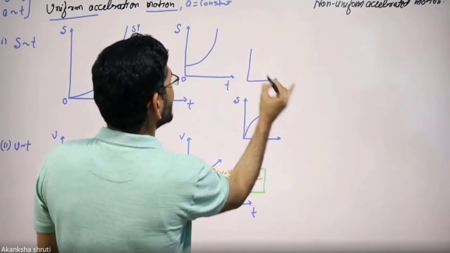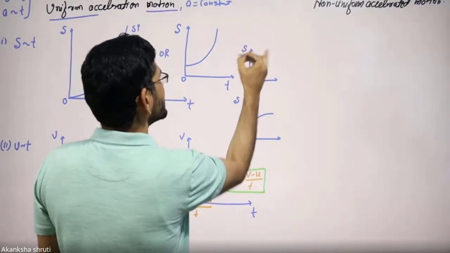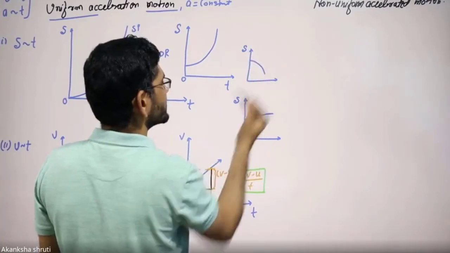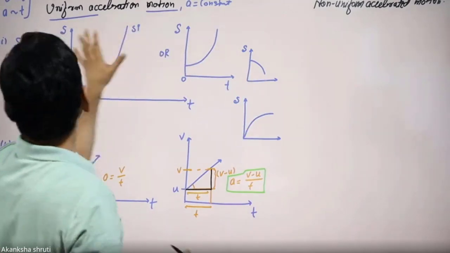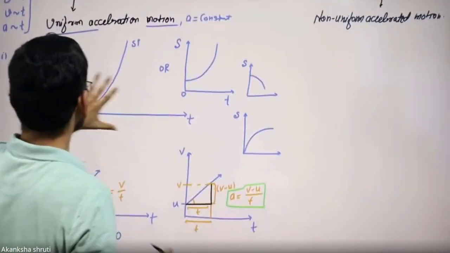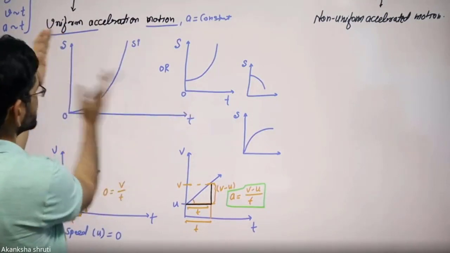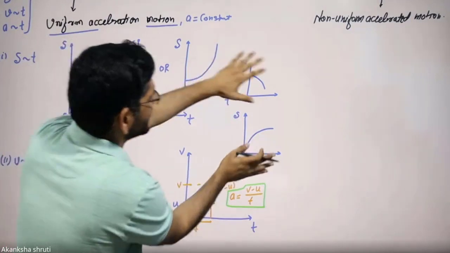This kind of graph is also possible, students. Say the speed or the displacement is decreasing. Any of these curves is possible for non-uniformly accelerated motion. But students, at your standard, you just have to understand these two cases. These two cases are important for you. You may leave this part.